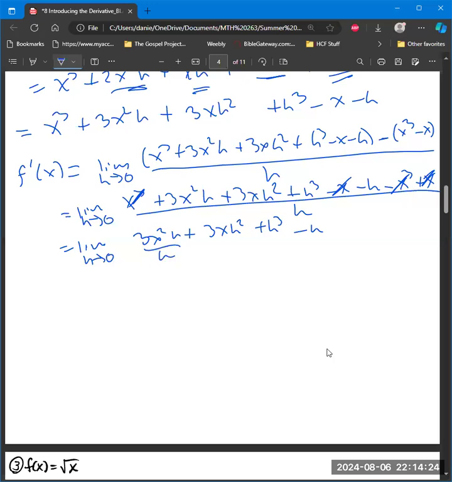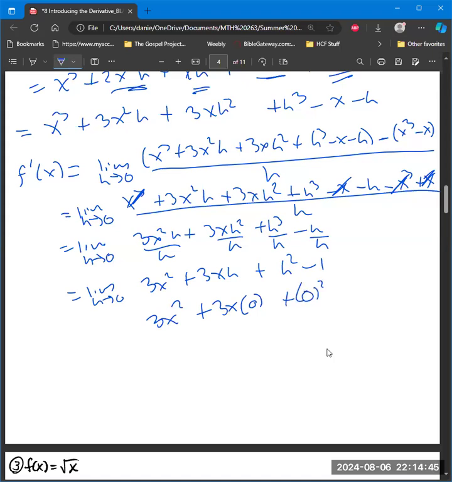And I'm just going to put each one over h this time. So that's going to give me the limit as h goes to 0 of 3x squared plus 3xh plus h squared minus 1. And when I let h go to 0, this is going to be 3x squared plus 3x times 0 plus 0 squared minus 1. This is f prime of x all the way down: 3x squared minus 1.